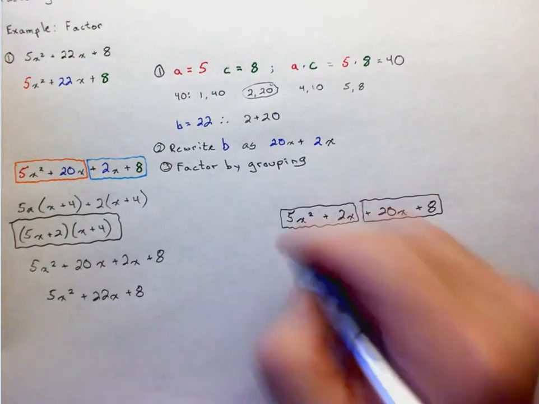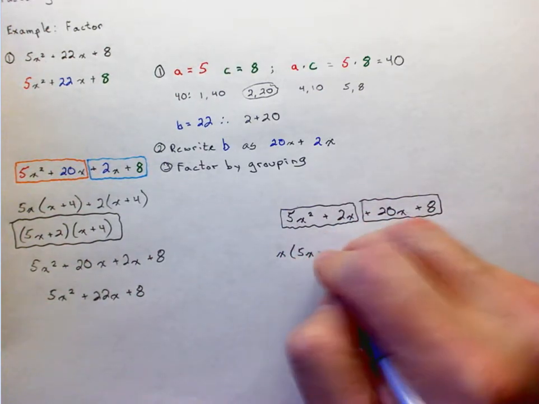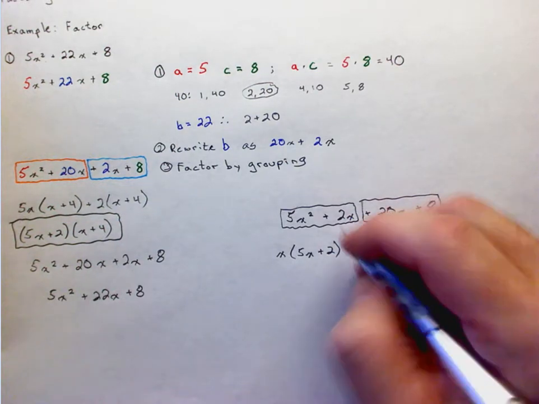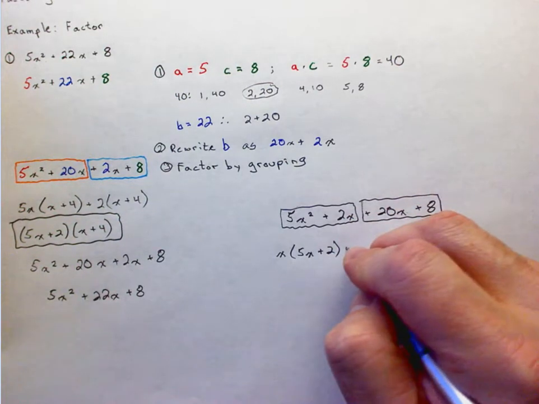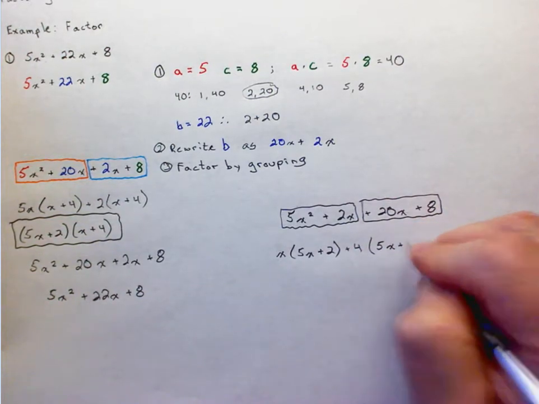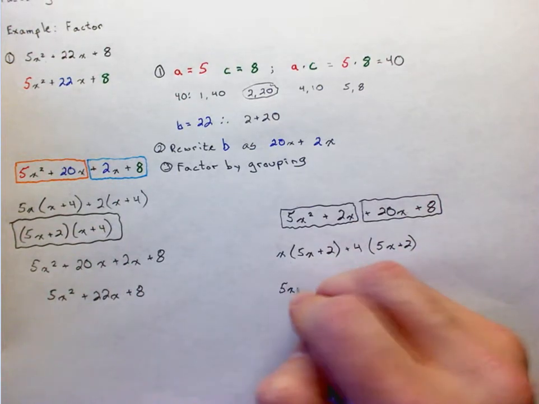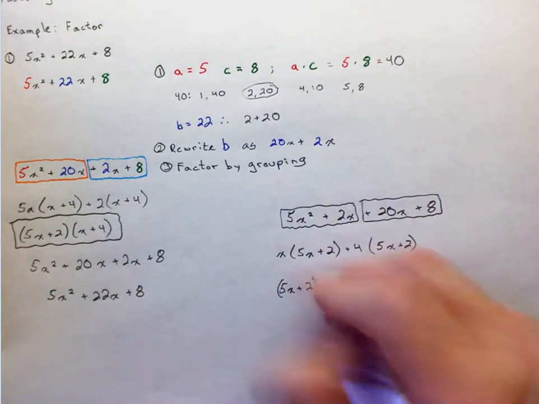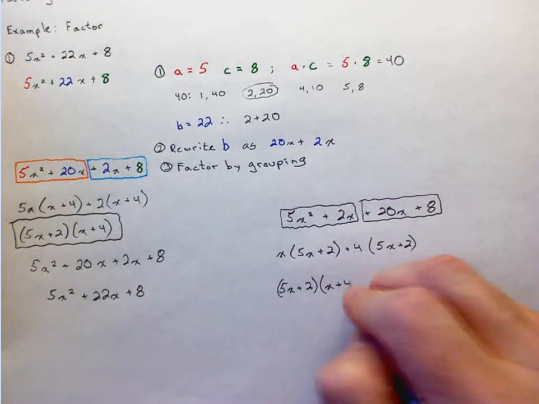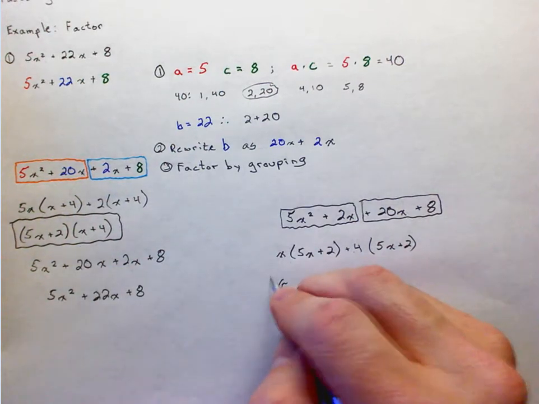Here I can factor out an x, and that leaves 5x plus 2. And here I can factor out a 4, and that leaves 5x plus 2. Factor out my 5x plus 2, and that leaves the x and the 4. Same answer. Commutative property of multiplication.